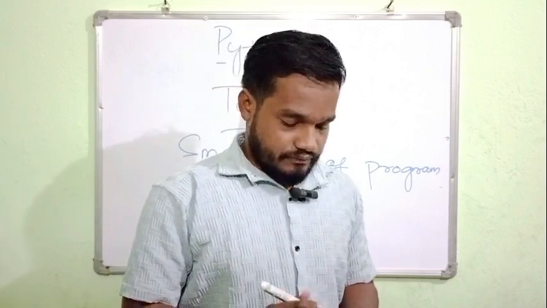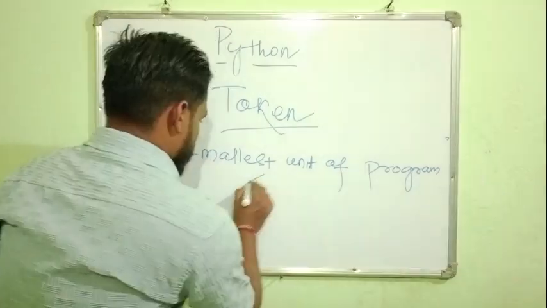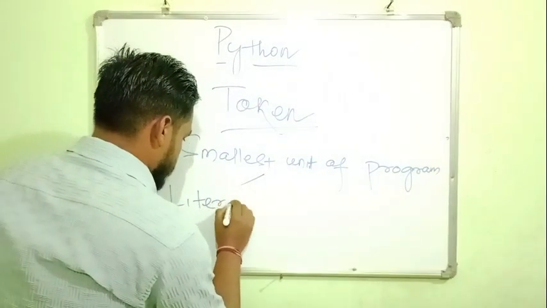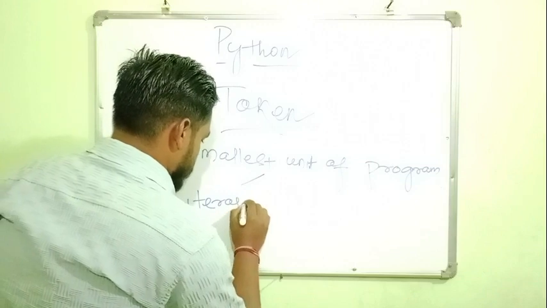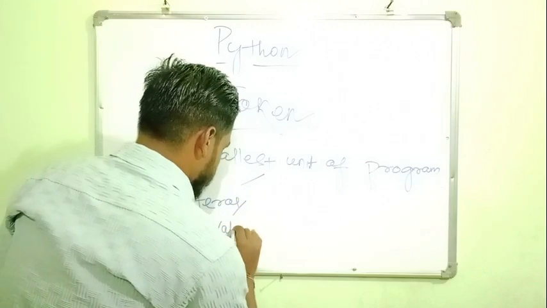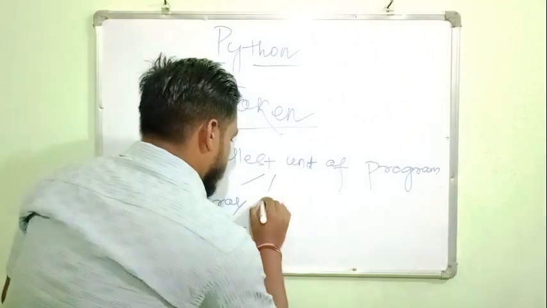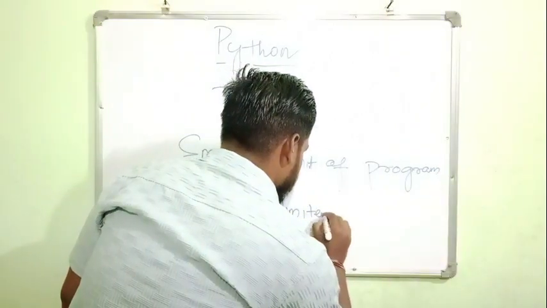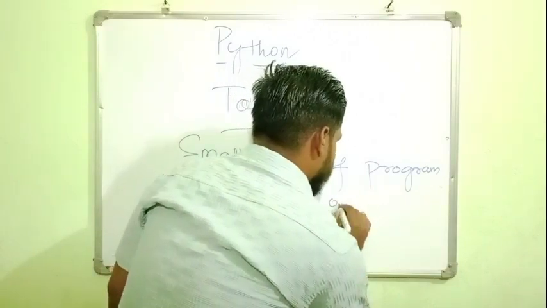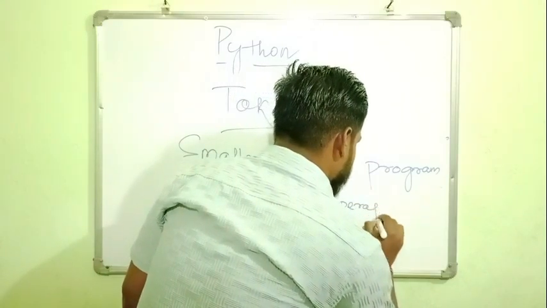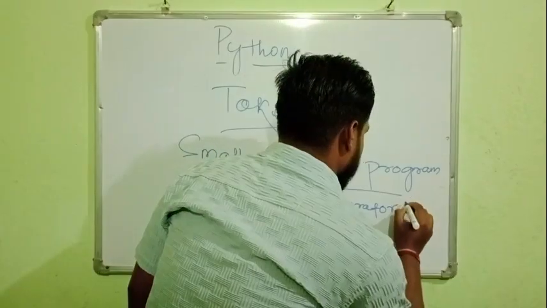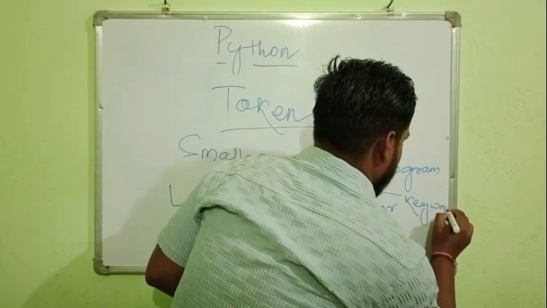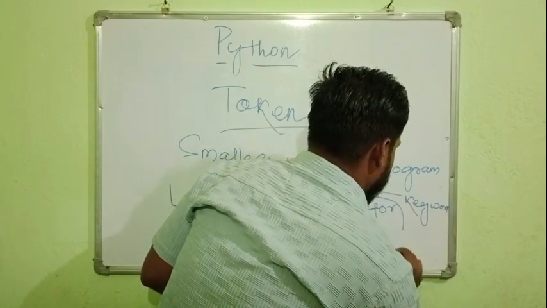Tokens are of 5 types: literal or value, delimiter, operator, keyword, identifier.